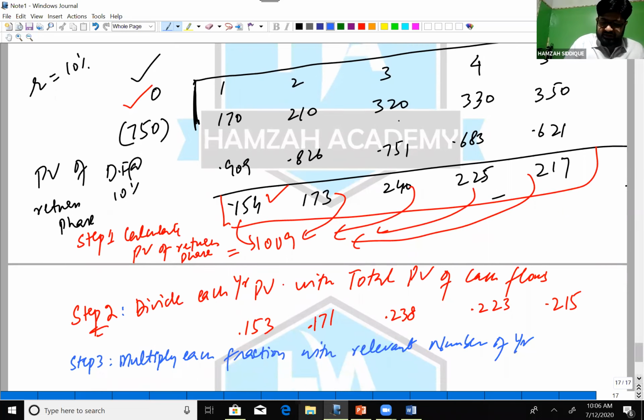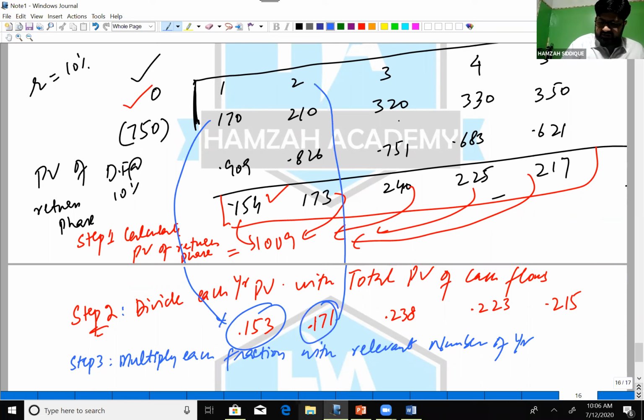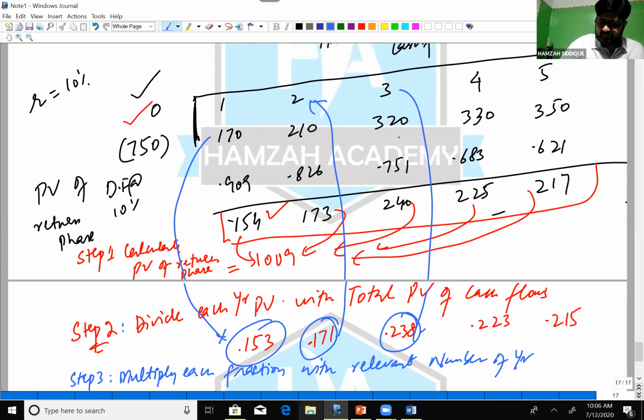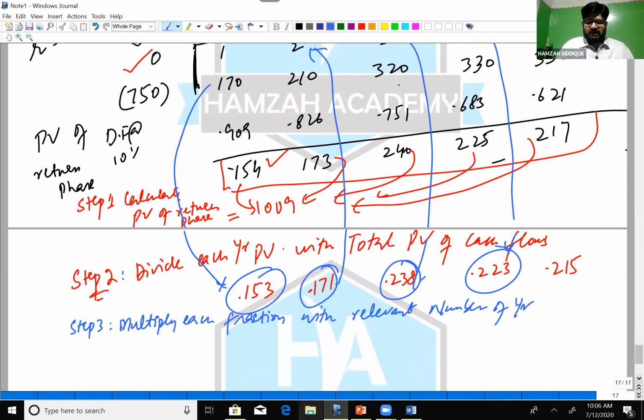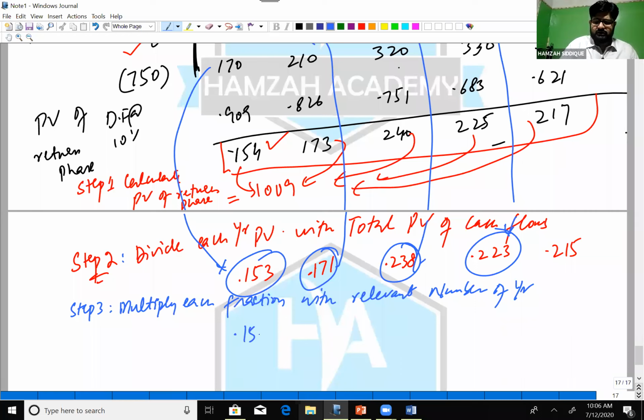For example, this multiplied by 1, this multiplied by its number of year, and in this way up to 5. So 0.153, and here 0.171 multiplied by 2. Relevant year is 2. 0.342.